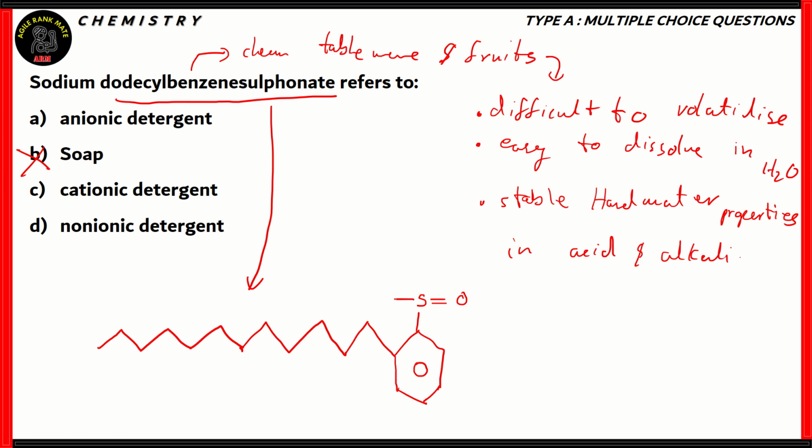Now if you notice, sulfur's valence electrons are 6. That means it can form 6 bonds. And it usually forms double bonds with oxygen. So with 2 oxygens already added, it's got 4 bonds, and sulfur is connected to the benzene, which means it's got 5 bonds.